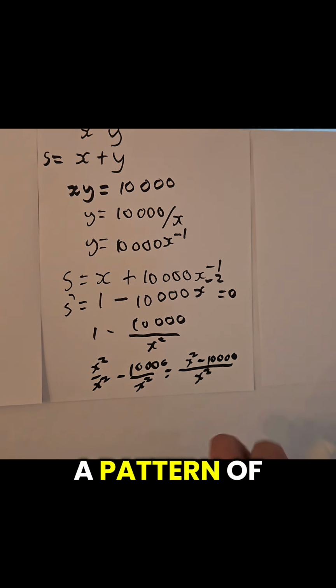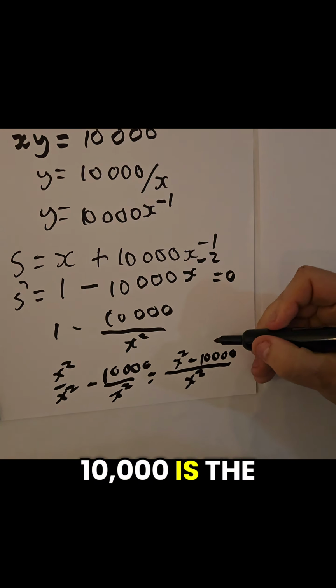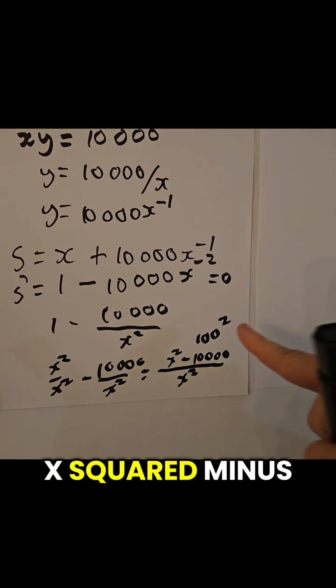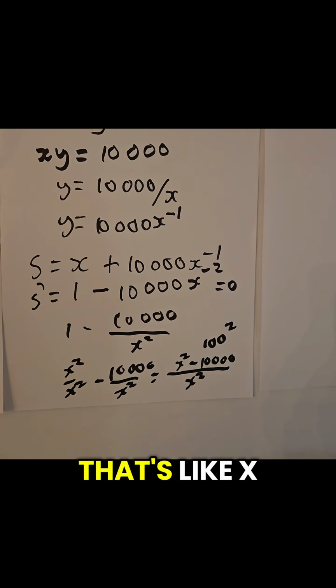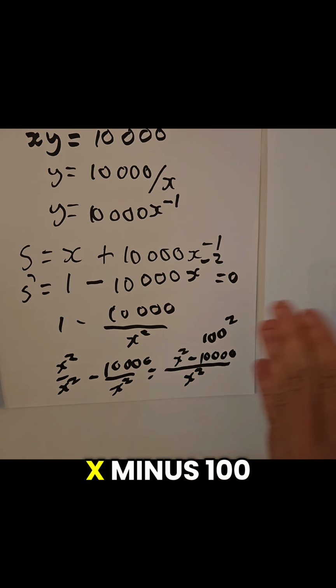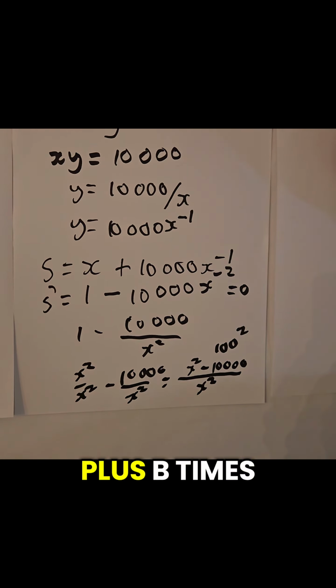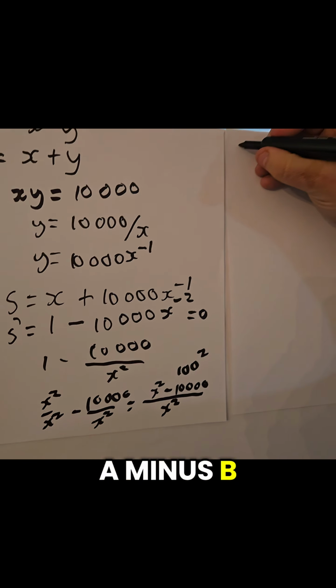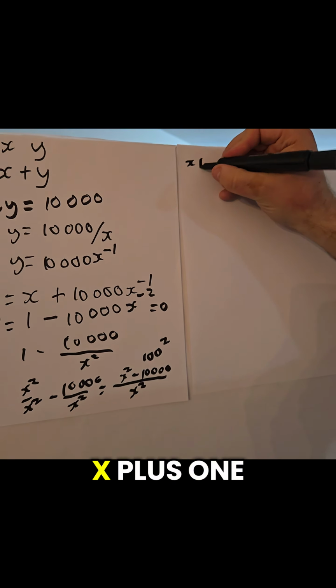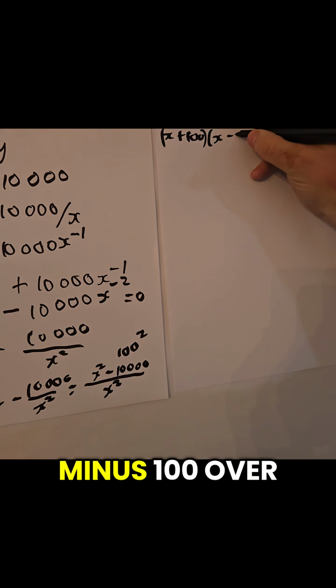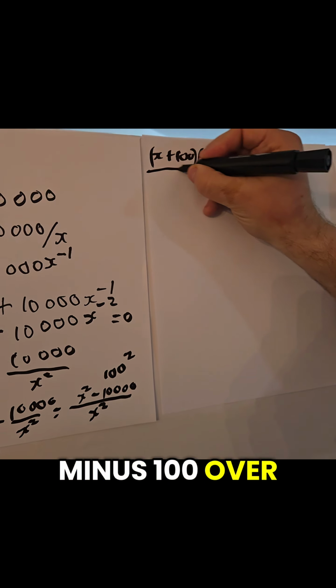And you see a pattern: 10,000 is the same thing as saying 100 squared. x squared minus 100 squared. That's like x plus 100 times x minus 100. The pattern a squared minus b squared is a plus b times a minus b. So I'm going to write it as x plus 100 times x minus 100 over x squared.